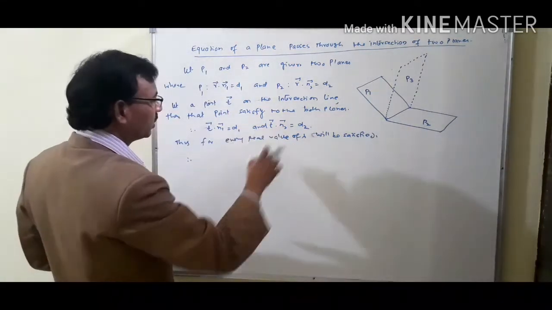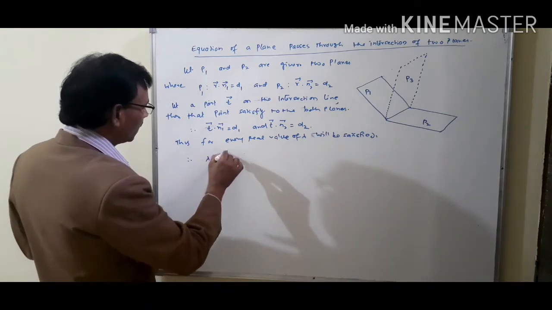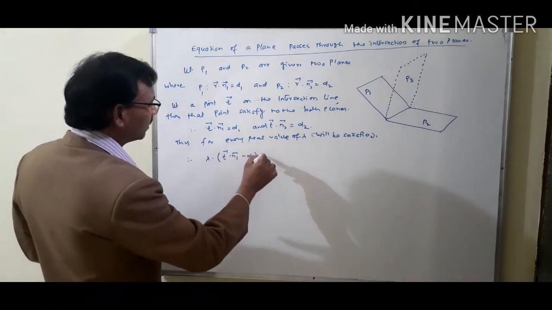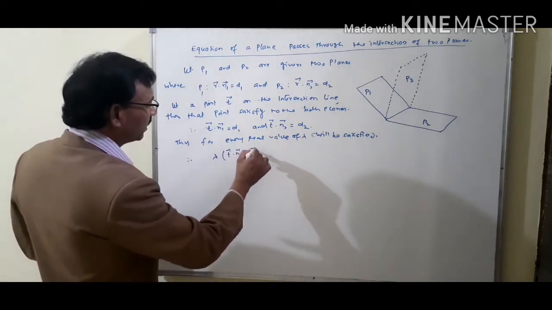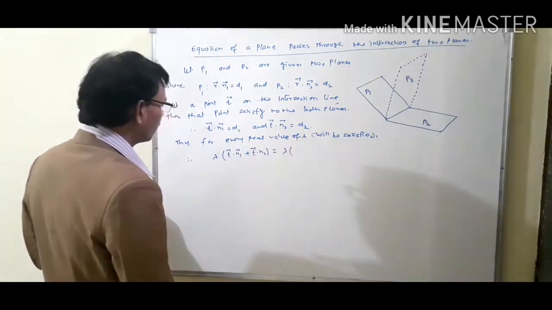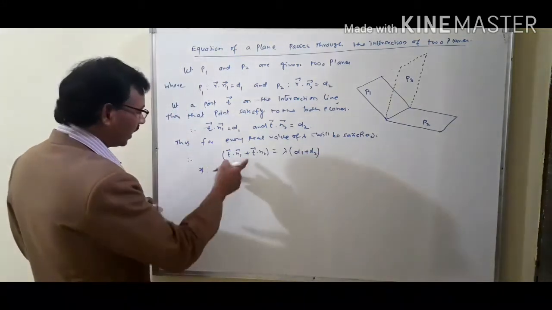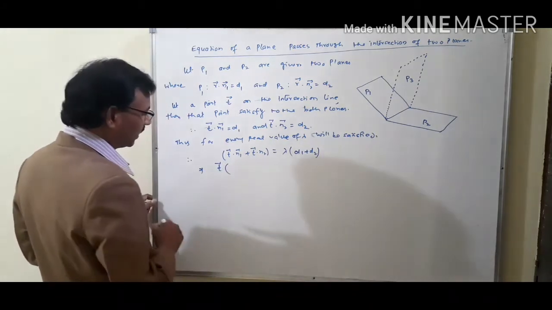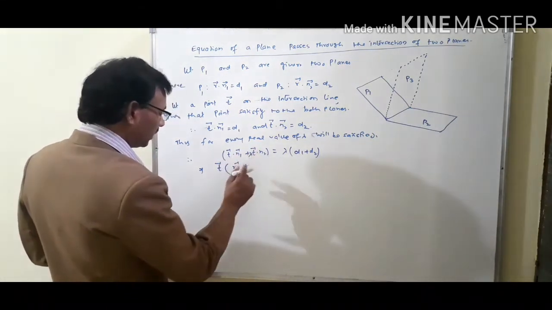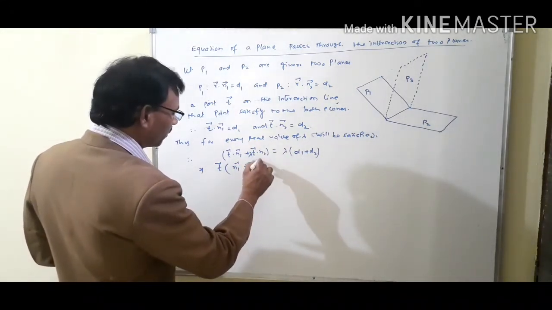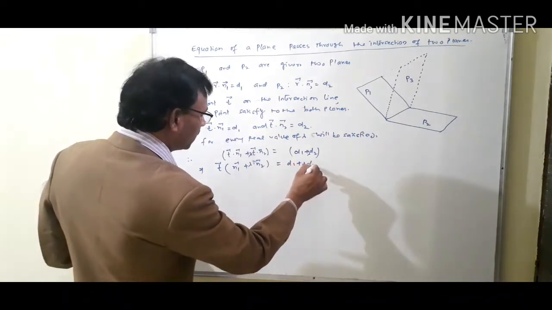Therefore, if we merge the above equations, lambda into (T dot n1 minus d1), we get T dot n1 plus lambda T dot n2 is equal to d1 plus lambda d2. Taking T vector common, this will be T dot (n1 plus lambda n2) equal to d1 plus lambda d2.